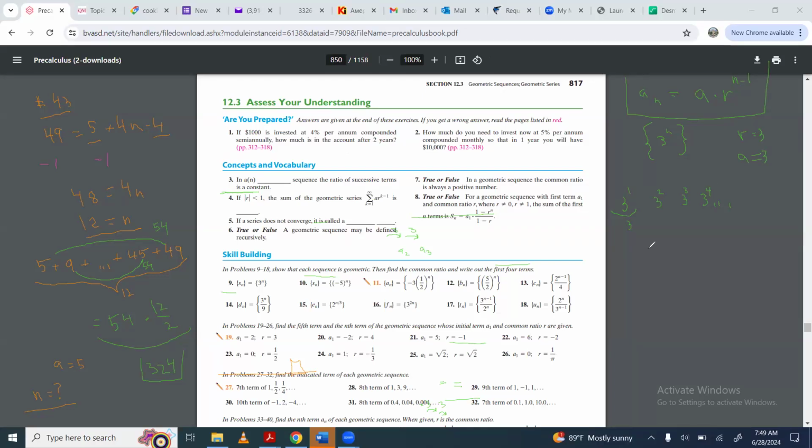So next will be 9, next will be 27, and next is what? 3 times 3, 9 times 9 is 81. And you can, of course, find more if you want, but they just say the first 4 terms, so you don't have to worry about anything after. You can just put dot, dot, dot.